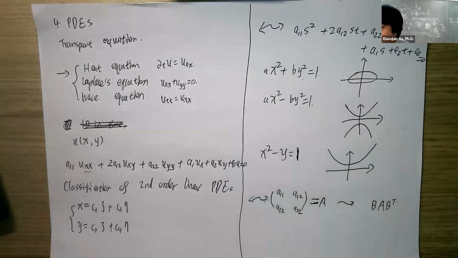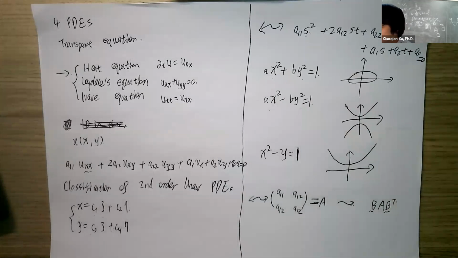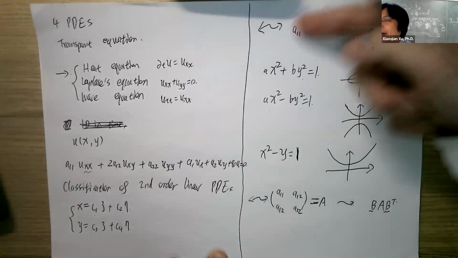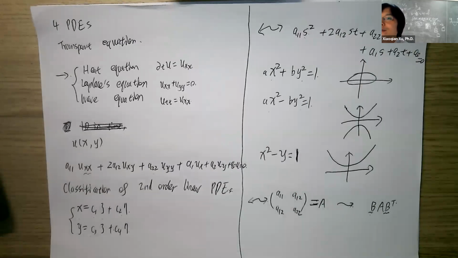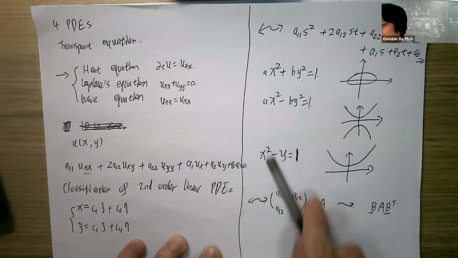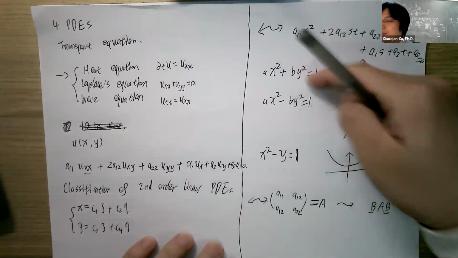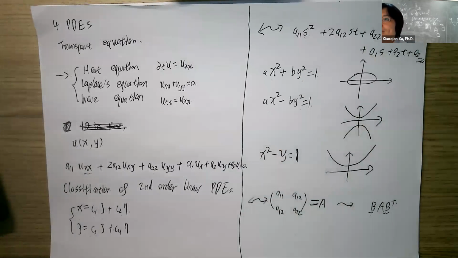As long as we can find some B such that B A B transpose makes the matrix A a diagonal matrix, then we can make this algebraic equation into these three kinds of forms, right? Because that means your second order term has only 1 or 0 coefficients, so you only have this second order term and the first order term. Maybe you will have some additional term, but that doesn't matter. That's just some translation.